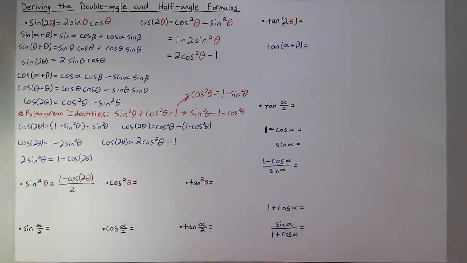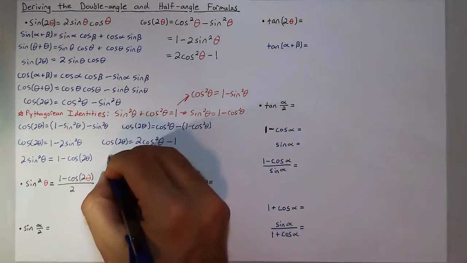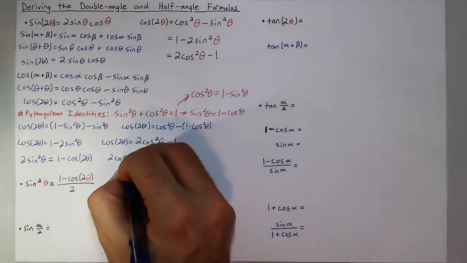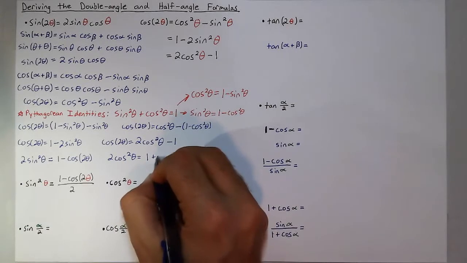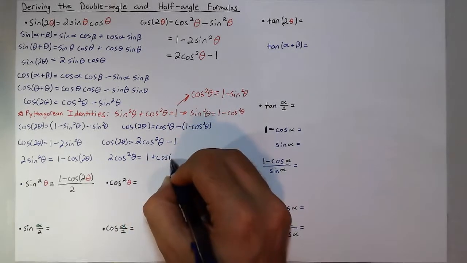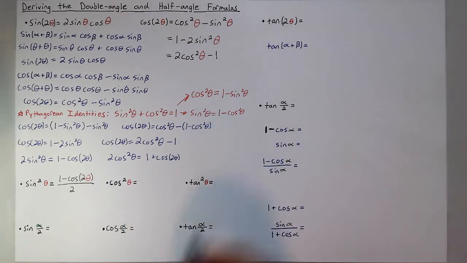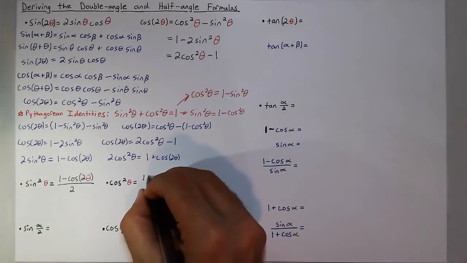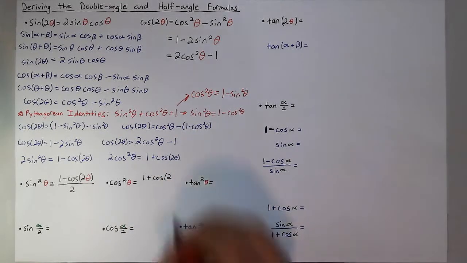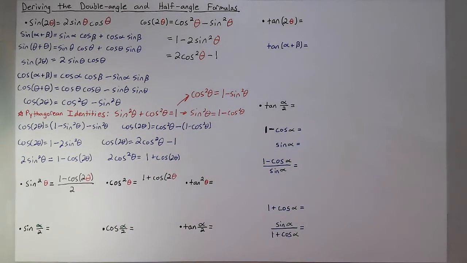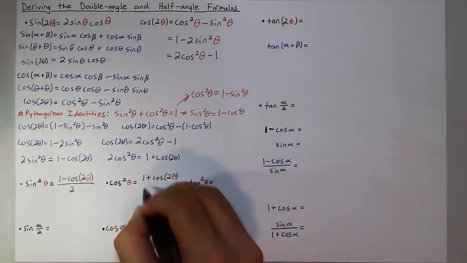So again, if I add 1 to the left side, I'll get 2 cosine squared of theta is equal to 1 plus cosine of 2 theta. And by dividing by 2, I can get a formula for cosine squared to be 1 plus cosine of 2 theta all over 2.